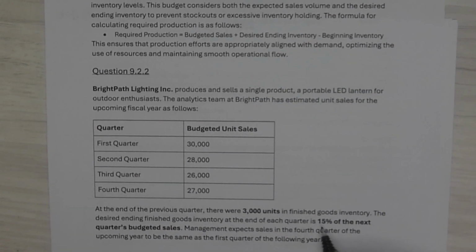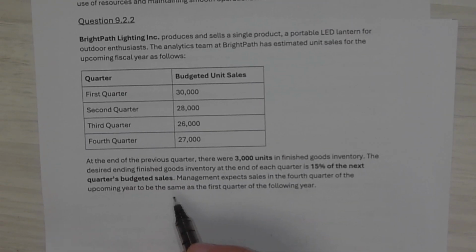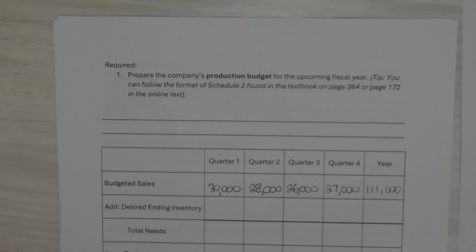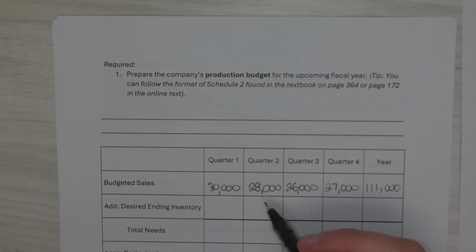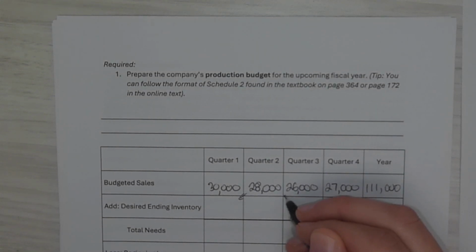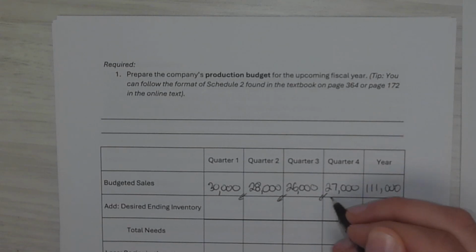This company uses 15% of the next quarter's budgeted sales as their guideline. So in this scenario, they have 28,000 budgeted sales in quarter 2. So they want to have 15% extra production inventory here.